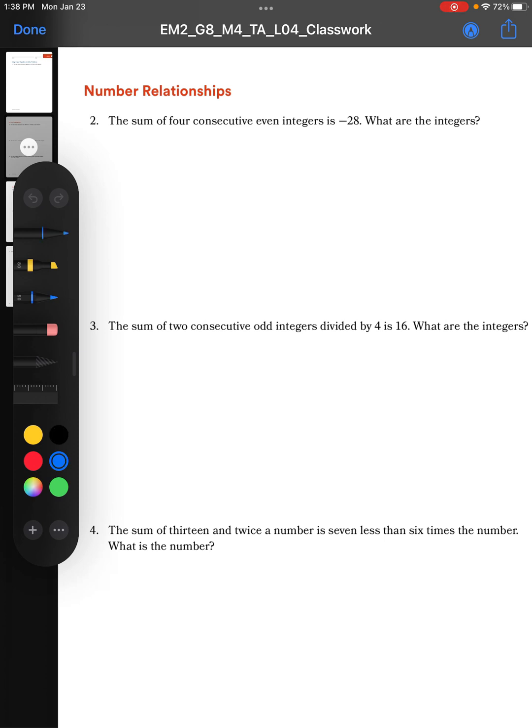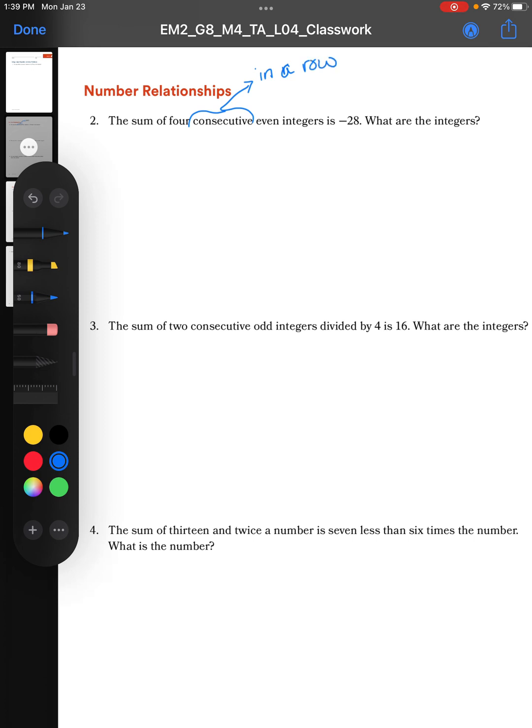So number 2 says, the sum of 4 consecutive even integers is negative 28. What are the integers? So keeping in mind, we talked about this already, but we have the word consecutive. That really means, in our own words, in a row, right?